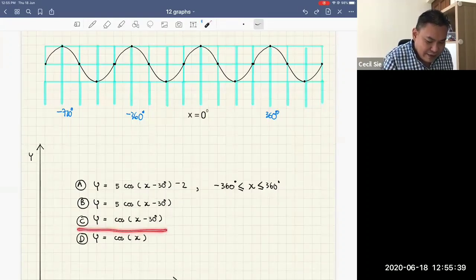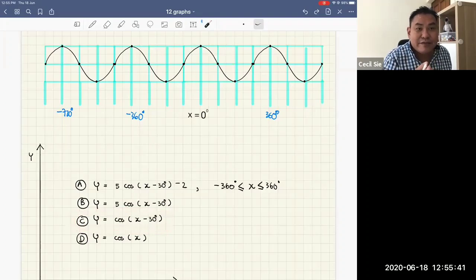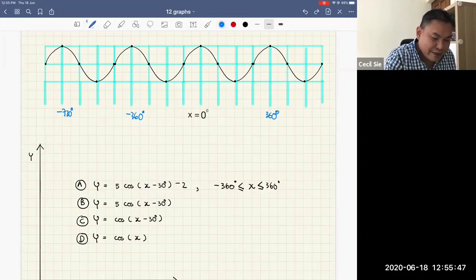Then x minus 30, that means you shift the graph to the right. You shift the graph to the right, and the number will change. This is not 0 anymore. This one will become minus 30. This one will turn into 330.